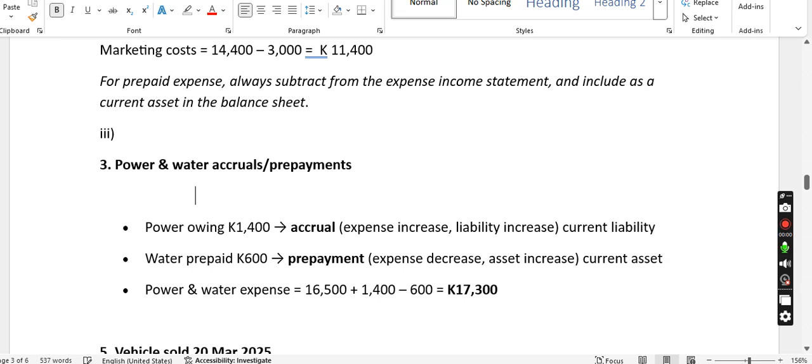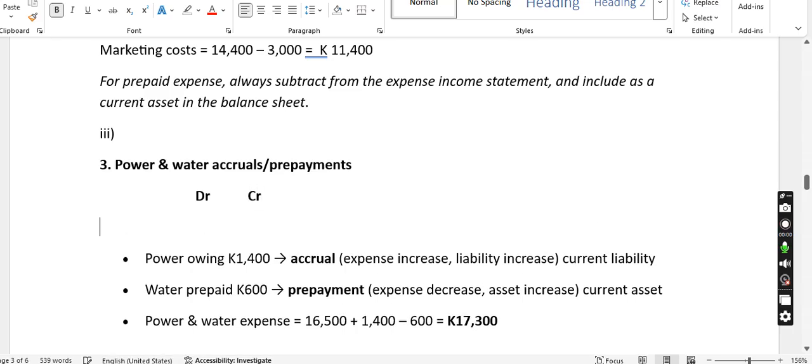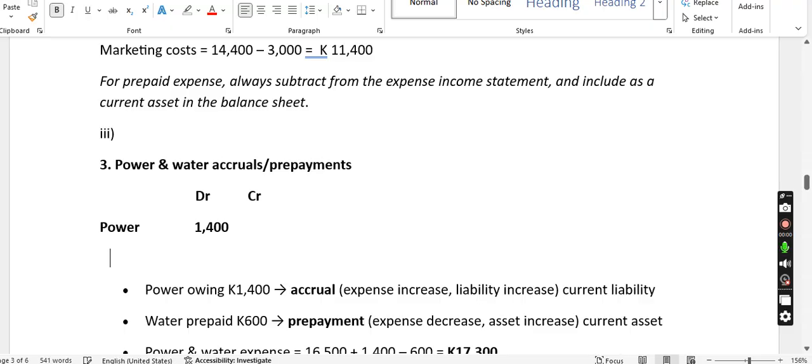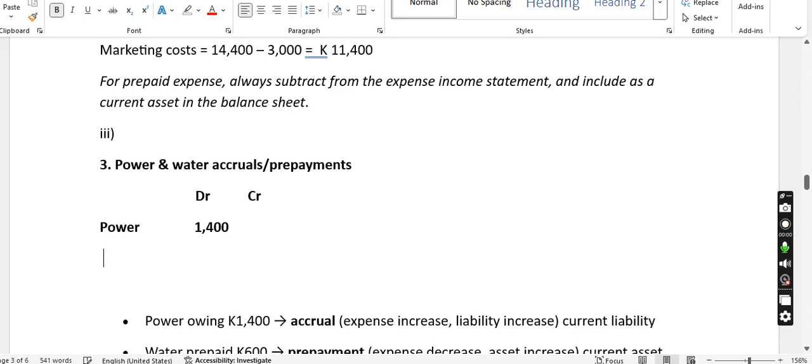For an accrual, you debit the power expense 1,400. So meaning we're going to add 1,400 to the power expense. This debit entry means you're adding 1,400 to the power expense.